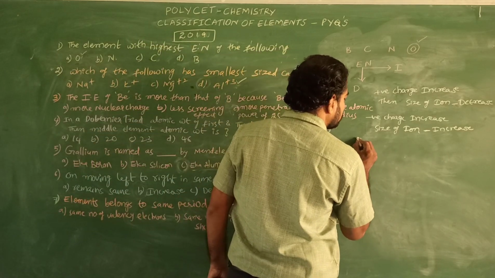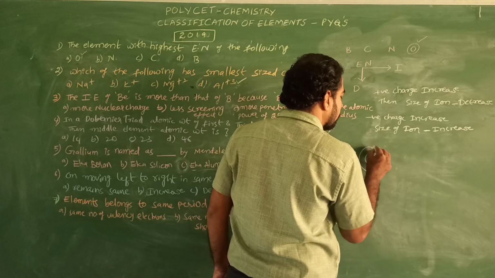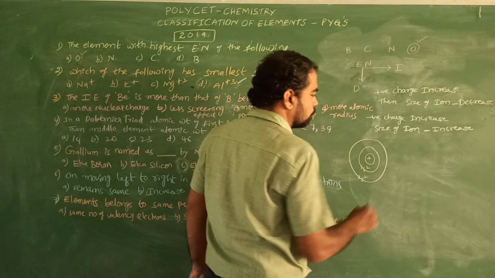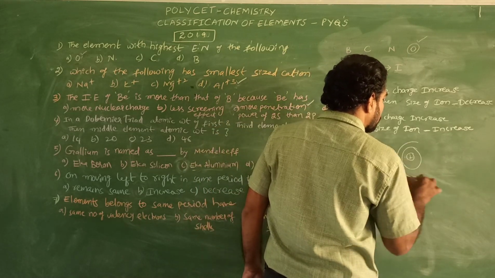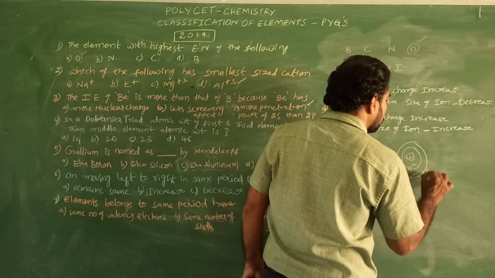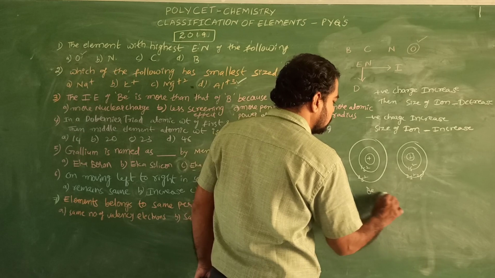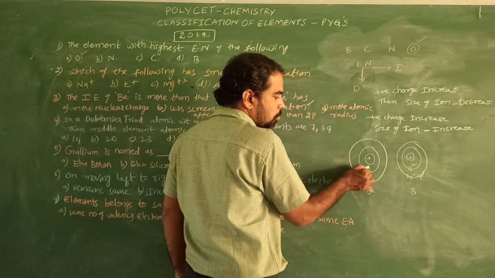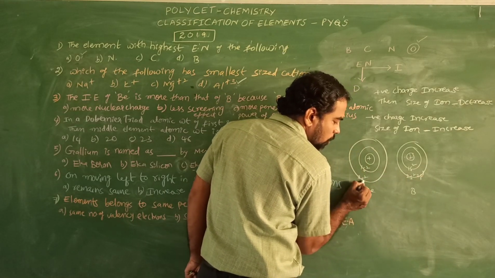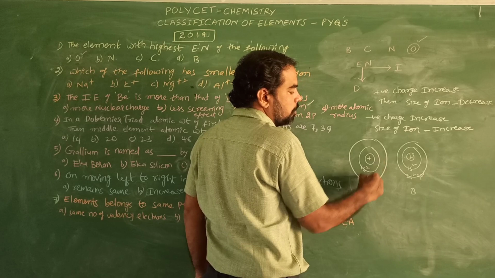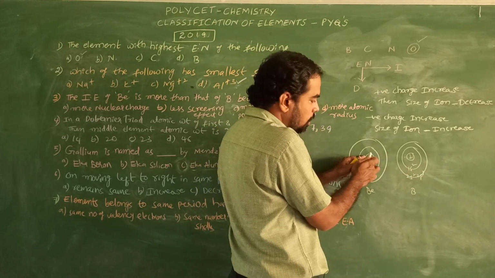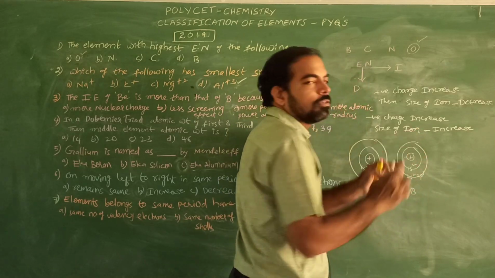Beryllium is 1s2 2s2, whereas boron is 1s2 2s2 2p1. The s orbital is more penetrated towards the nucleus than the p orbital of boron. Why?